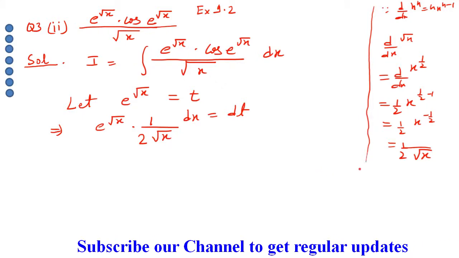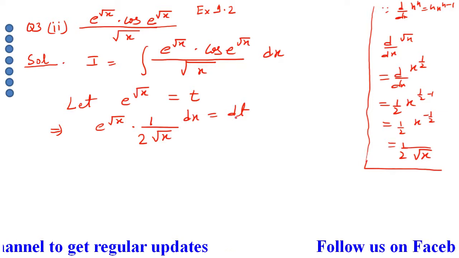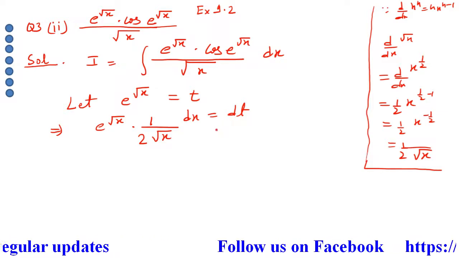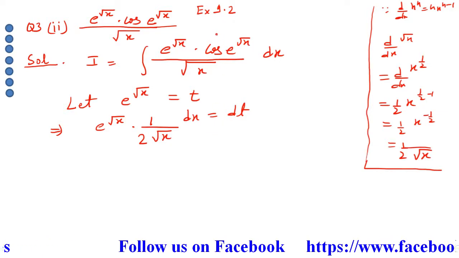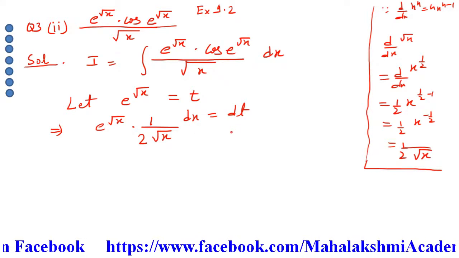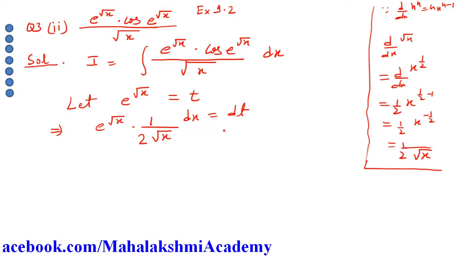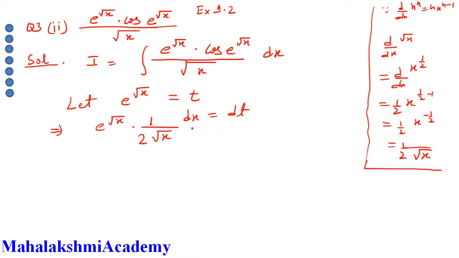In one of my videos, I already explained why we write dx and dt. That is the first question from exercise 9.2, where I clearly explained why dx and dt appear here. If you are not aware of that, I request you to go through that video, and then it will be clear why we are using dx and dt.